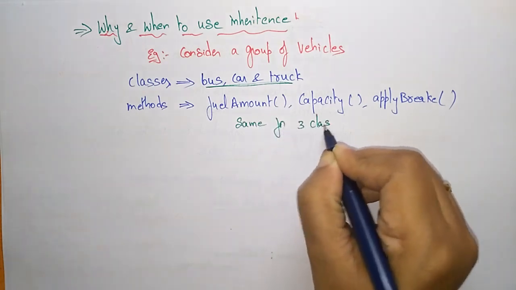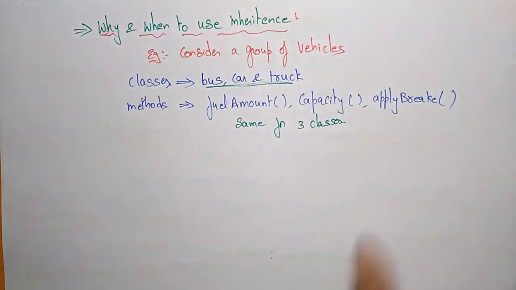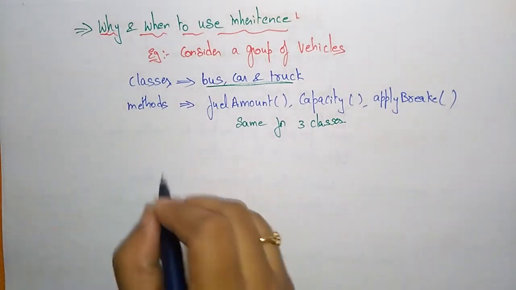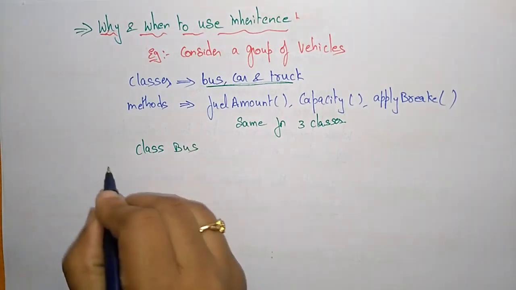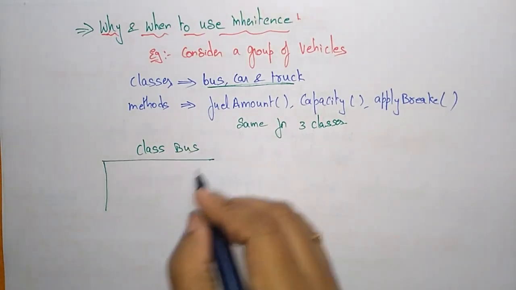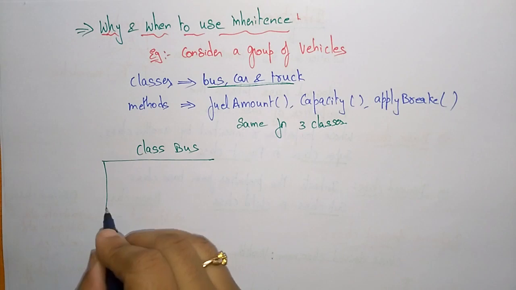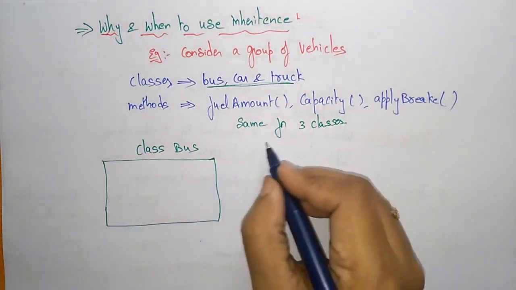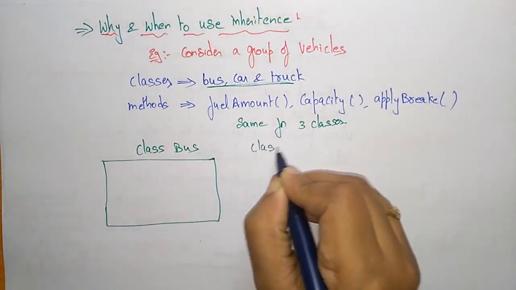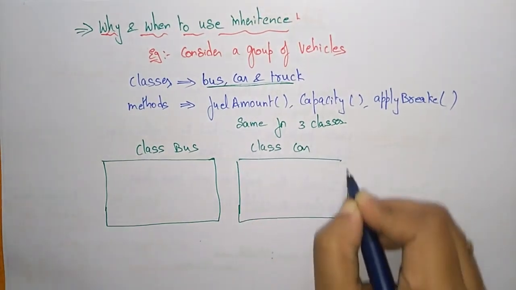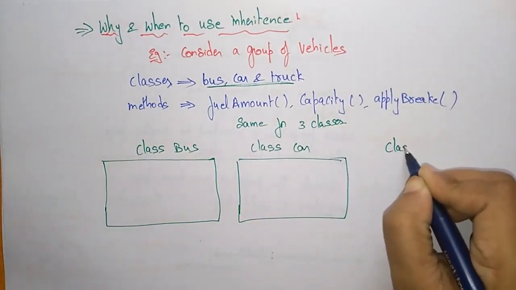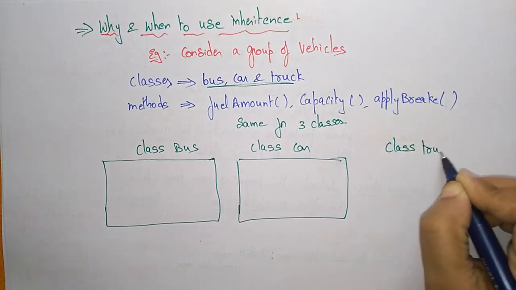So if you write without inheritance, how will you write the classes? Here is the class bus, and you create another class car, and you create another class truck.